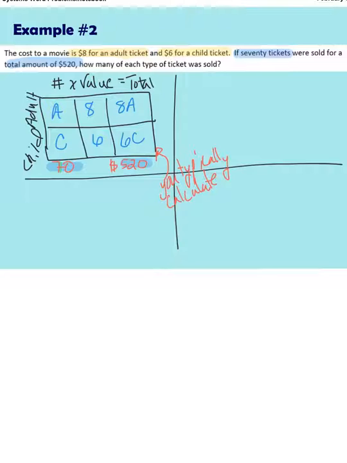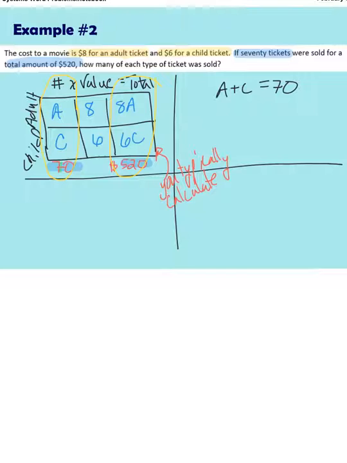What's so great about this table of values is that this column right here will typically be one of your equations to solve, and this column right here will be your other equation to solve. As you can see, the number of adult tickets plus the number of child tickets will equal 70. So that's one of my equations to solve. A plus C is equal to 70.